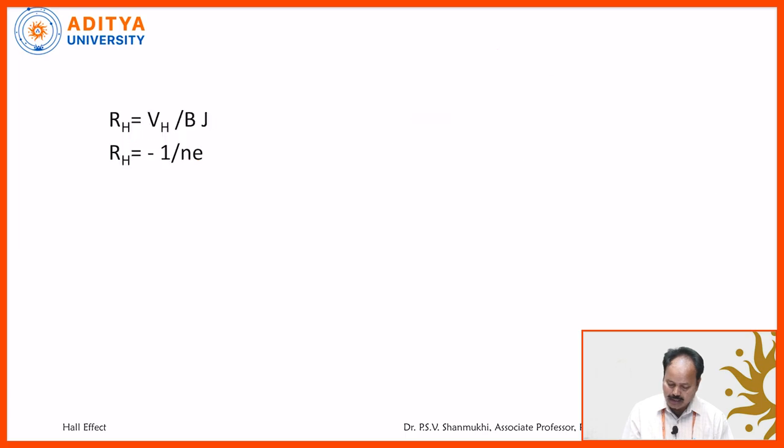All these parameters are cancelled except this one, so RH is equal to 1 by Ne, where N is the electron density and e is the charge of the carriers. In case of electrons, the charge is -1.